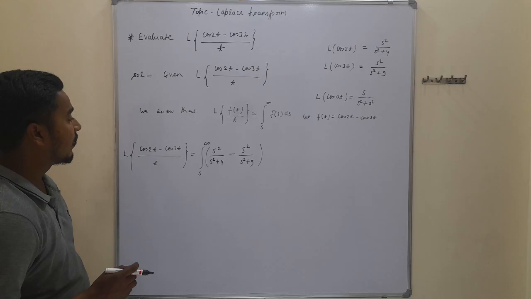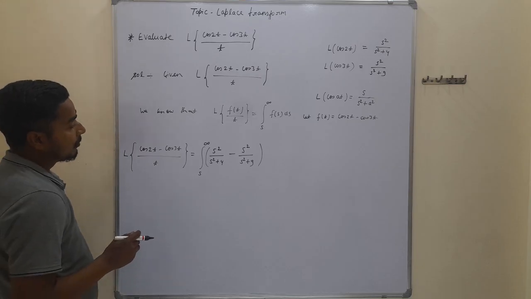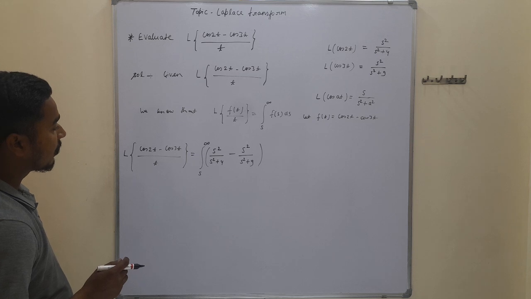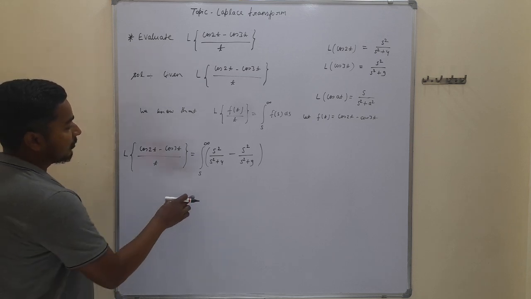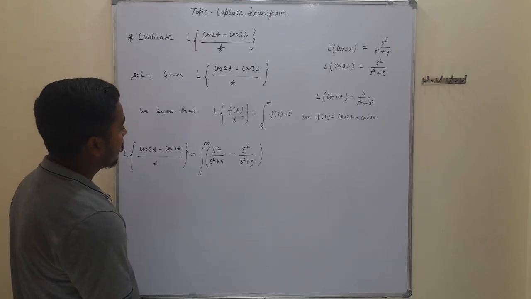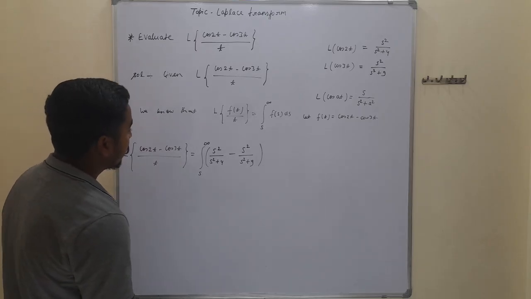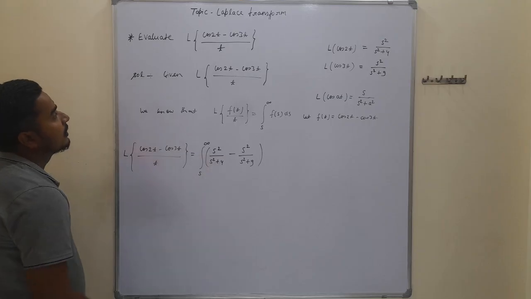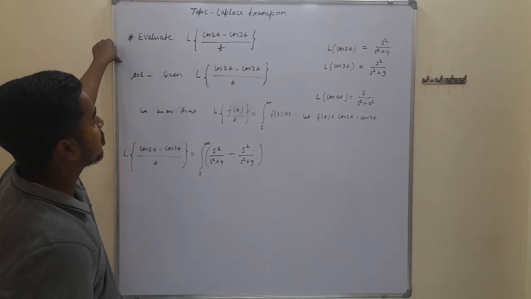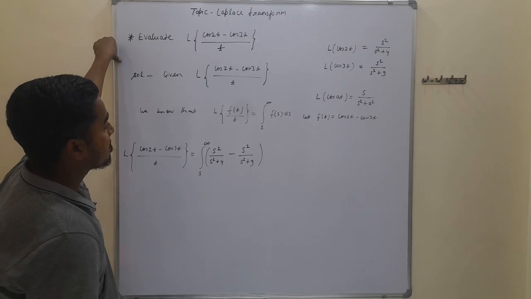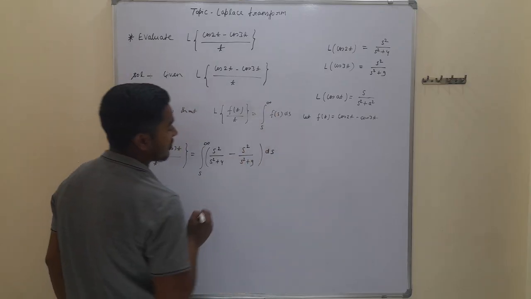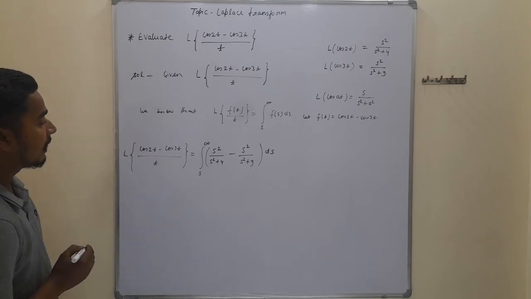Further we have to expand, putting the values once again. Here is the Laplace of cos 2t, and here is ds also; ds was missing.